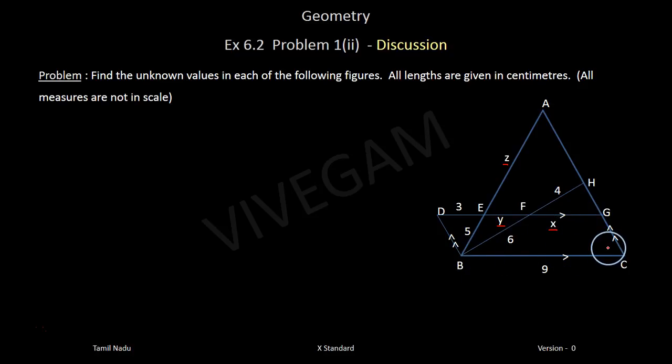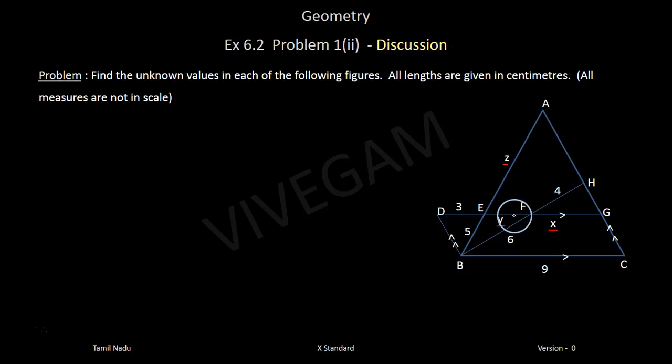The ratio of the corresponding sides. So from which x can be calculated. Next, we take the parallelogram BCGD. In a parallelogram, opposite sides are equal. So 9 will be equal to x plus y plus 3, from which y can be calculated.